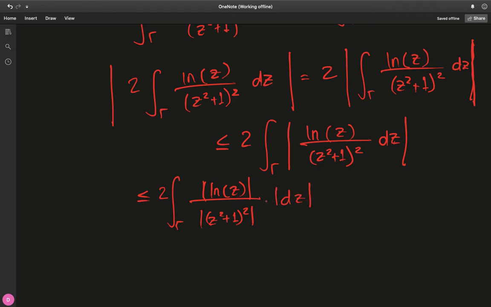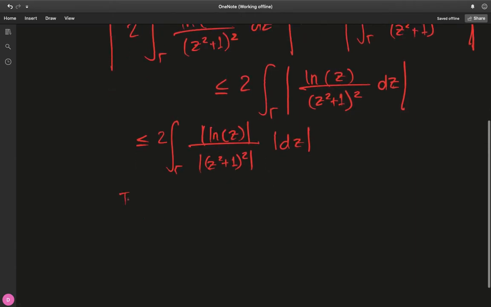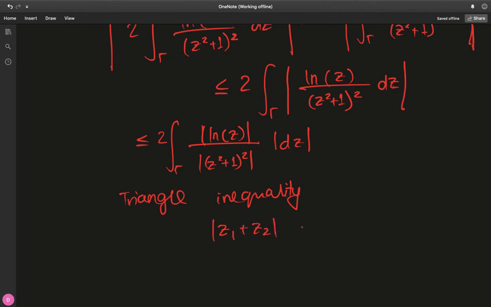Now before going forward, there is this one nice triangle inequality that I would like to discuss and use. This triangle inequality has many different alternate forms, but one of them says, if you have two complex numbers z1 plus z2, that's going to be less than mod of z1 plus mod of z2.